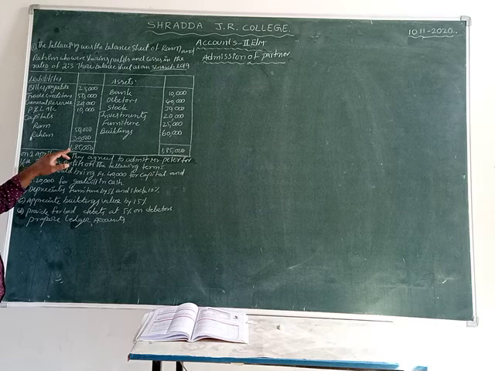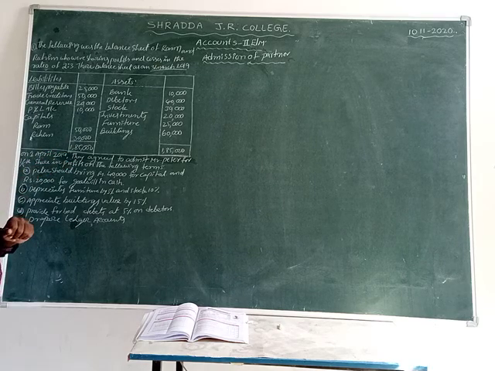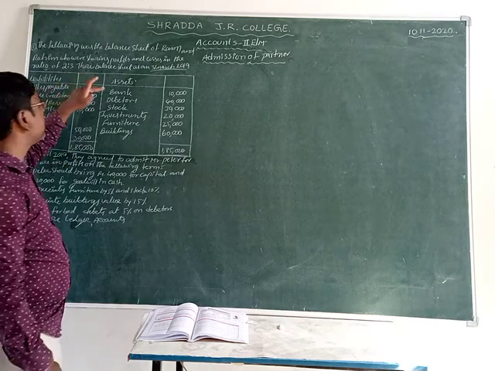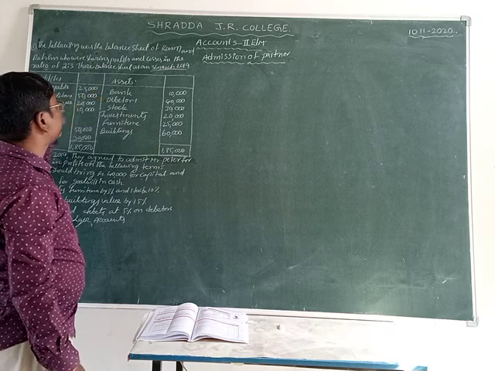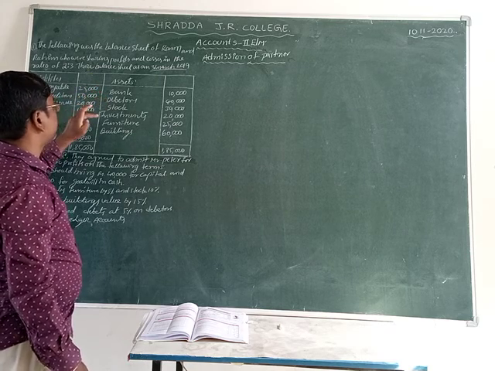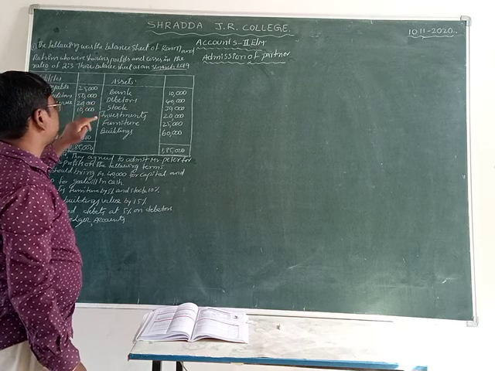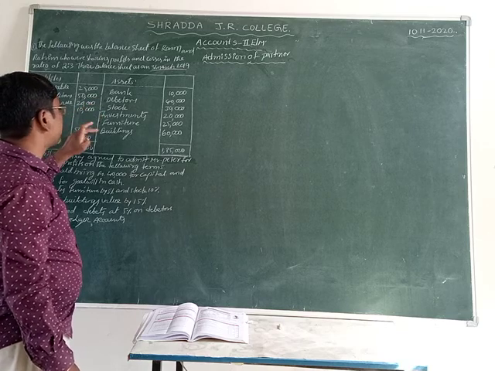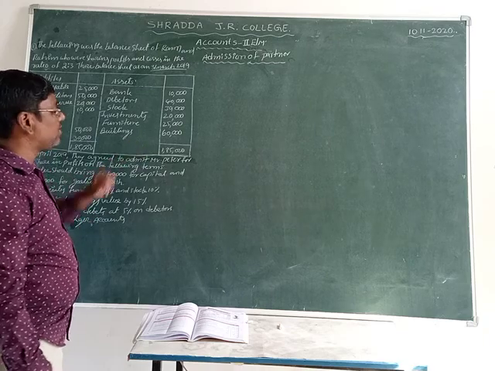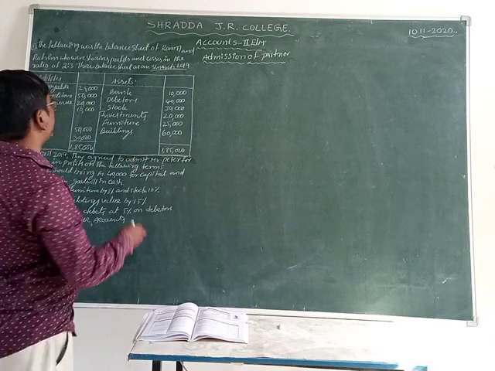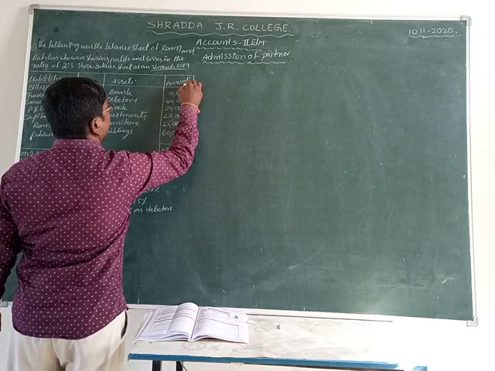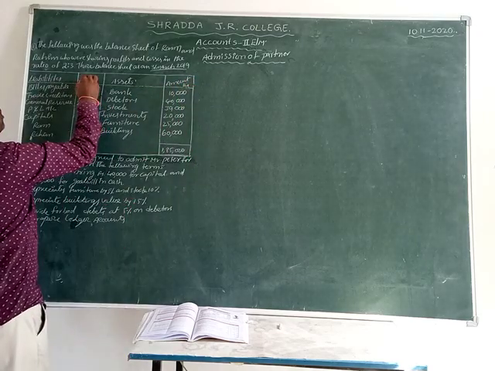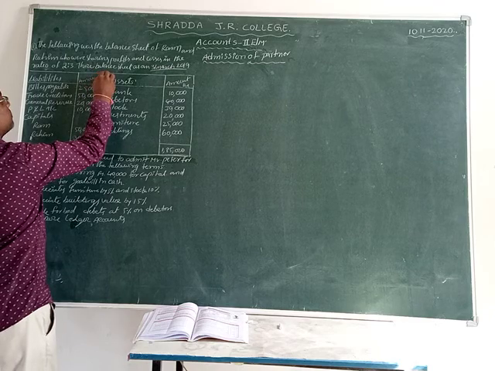The total is 1,85,000 rupees. Assets: bank 10,000, debtors 40,000, stock 30,000, investments 20,000, furniture 25,000, building 60,000. The total value is 1,85,000. Write the amount in rupees on both sides.